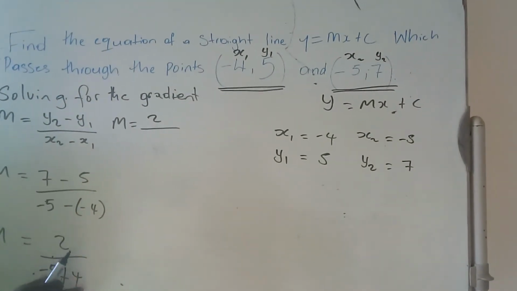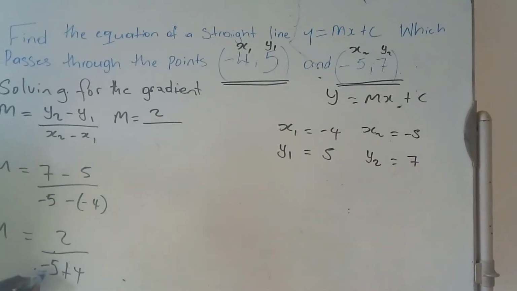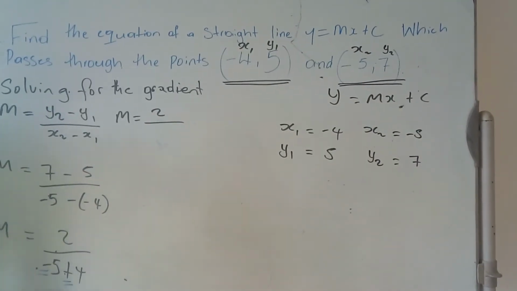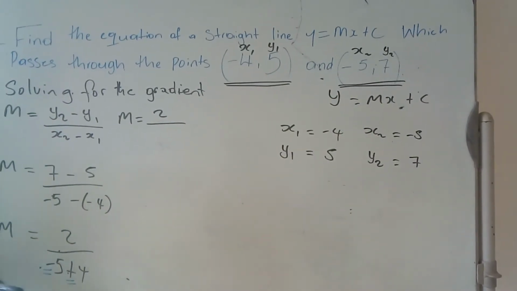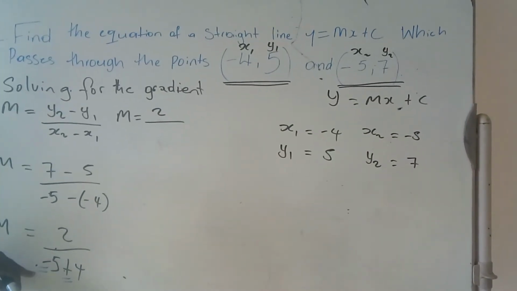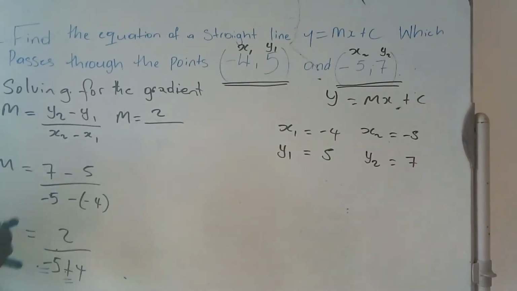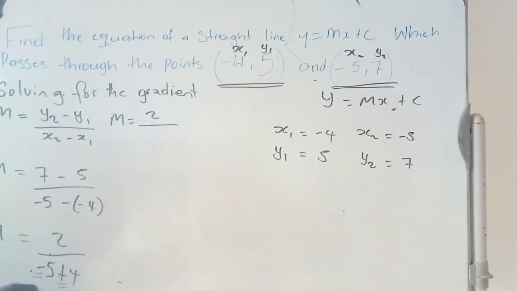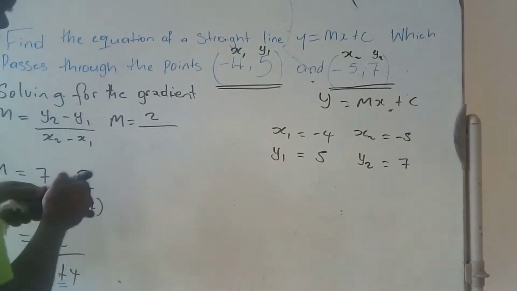Now our final answer is m is equal to 2 over -5 plus 4. Whenever the signs are different, here we can clearly see that this is a negative sign and this is a positive sign. Whenever the signs are different, we just subtract the numbers and keep the sign of the larger number. So right here, the larger number is 5. So here, -5 plus 4 will give us -1.